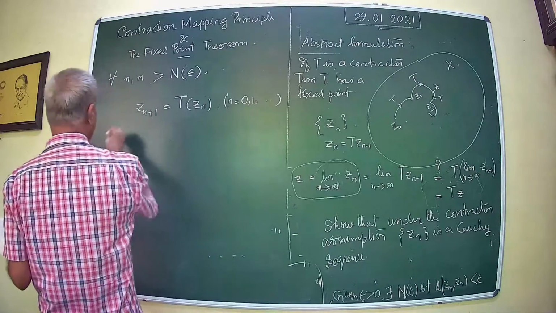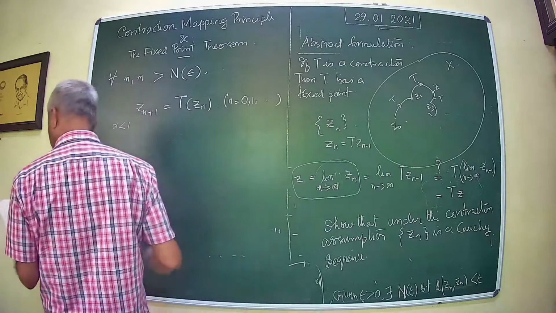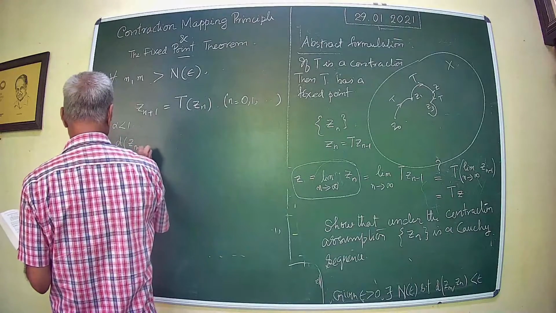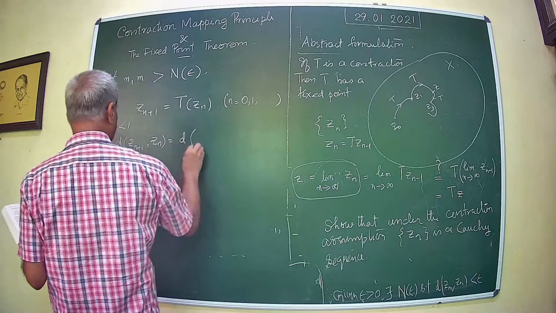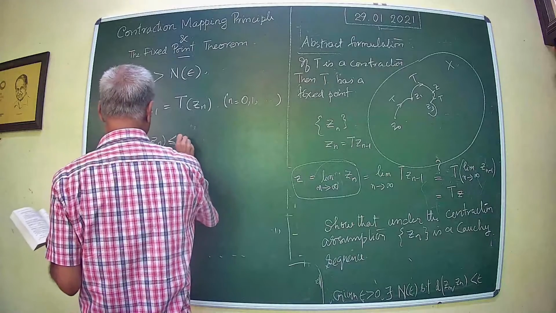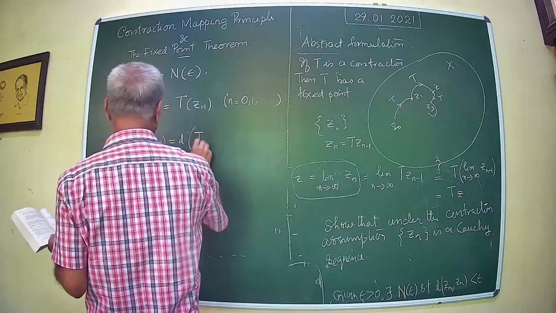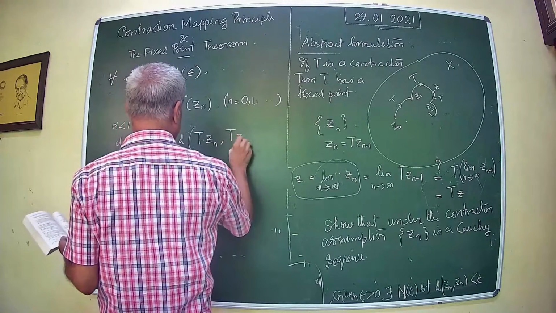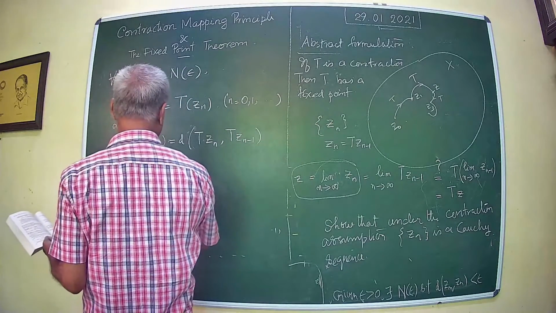Now we take alpha less than 1, therefore you have d of Zn plus 1, Zn, which is equal to d of T Zn, T Zn minus 1, and that is less than or equal to alpha times d of Zn, Zn minus 1.